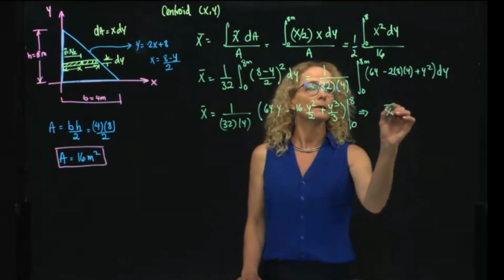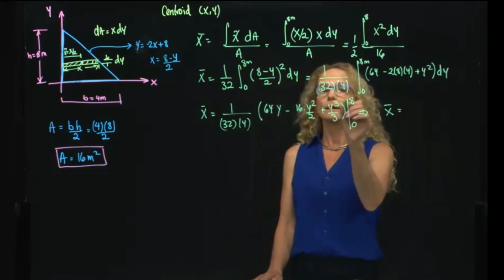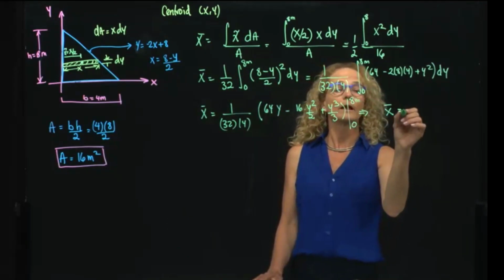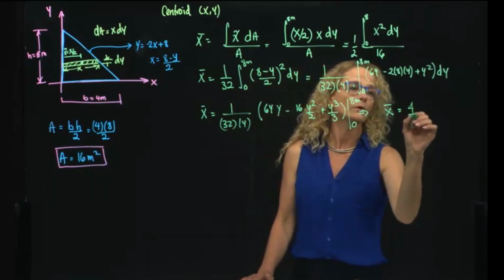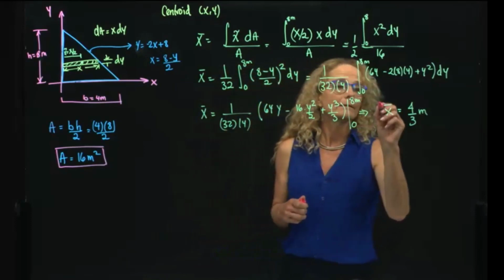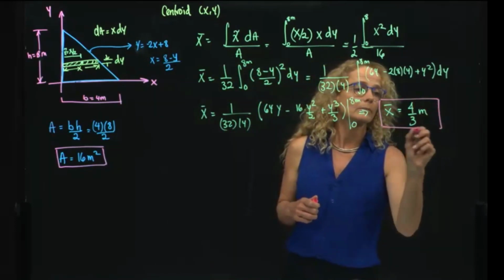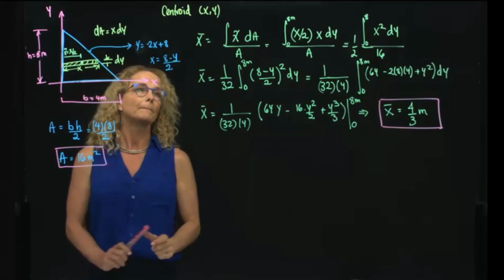So if we evaluate all that and cancel out what we have to cancel out, we get that x is located at 4/3 meters. And this is the expected result because we know that it will be 1/3 of my base.